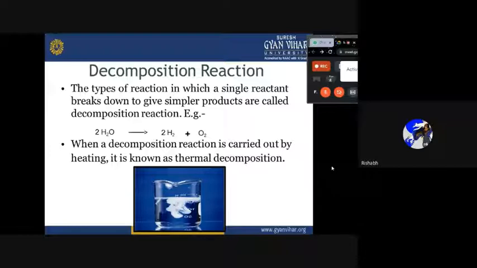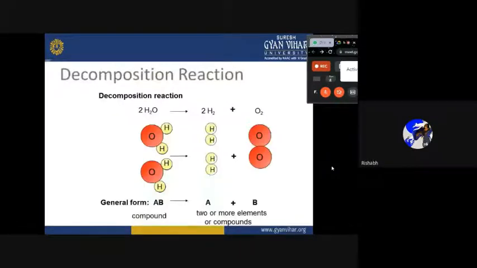Okay. So when a decomposition reaction is carried out by heating, it is known as thermal decomposition. So this example shows you how decomposition reaction takes place. So 2H2O, 2 molecules of water.